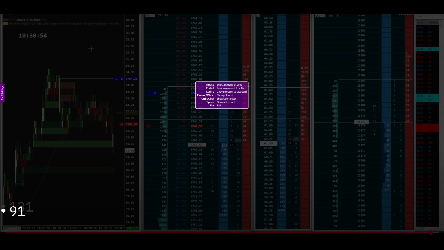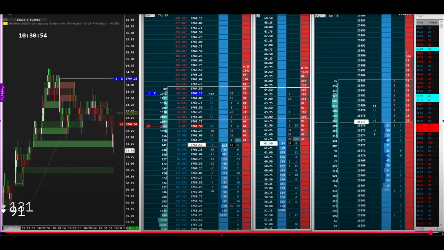Let's screenshot this. Low amount of bids here.